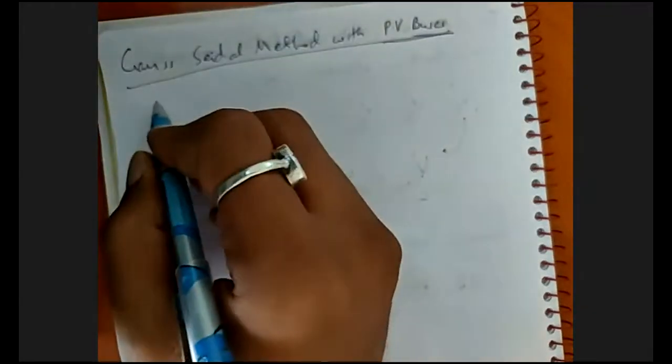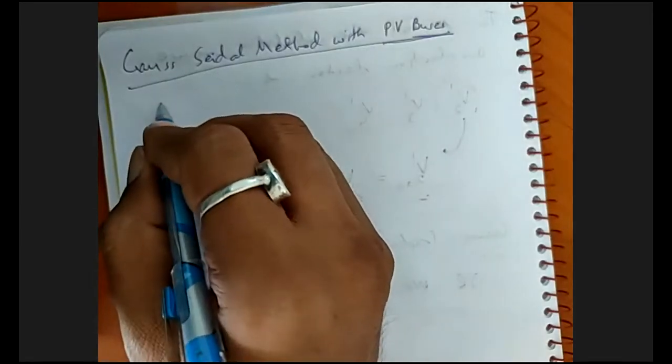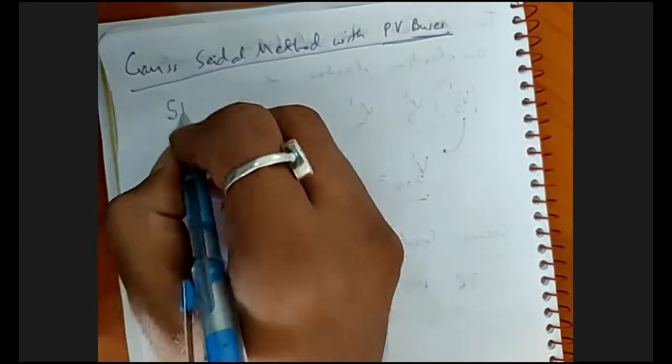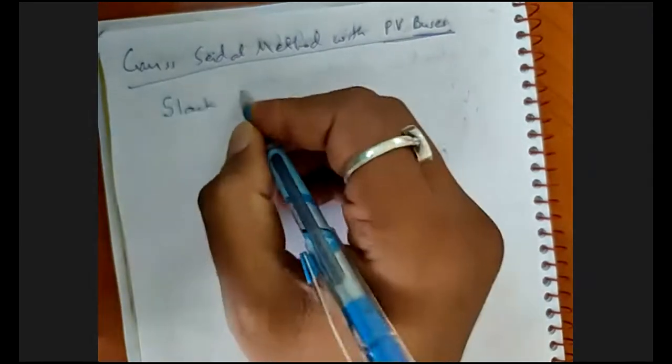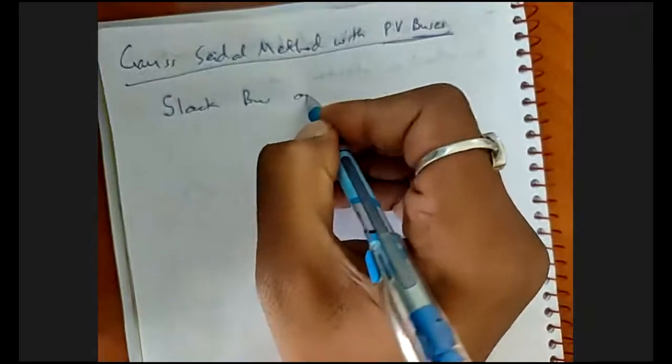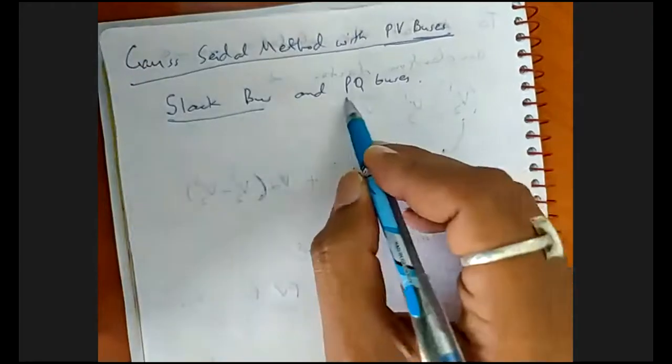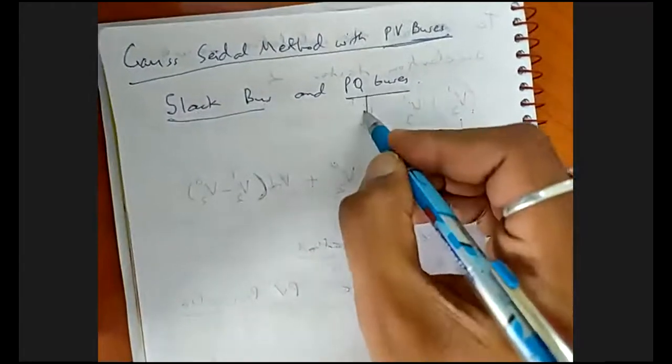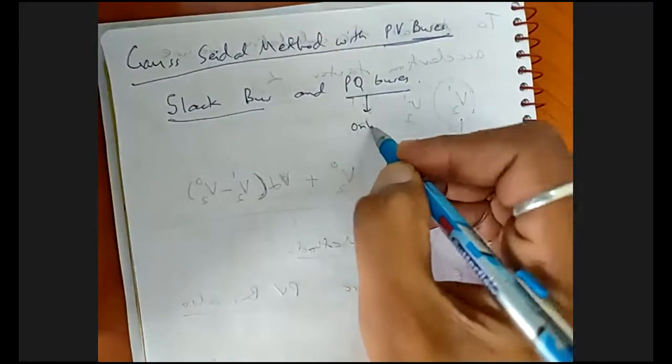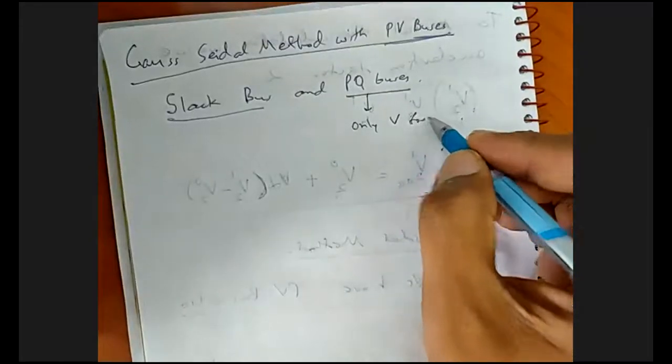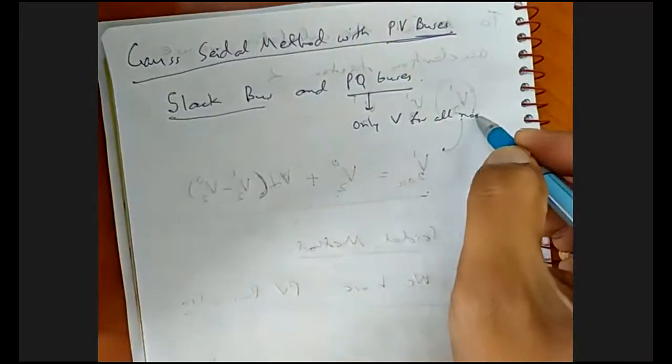Previously we have studied how to apply the method when we have a slack bus and PQ buses only. In that case, we have to find out only V for all nodes, all buses.